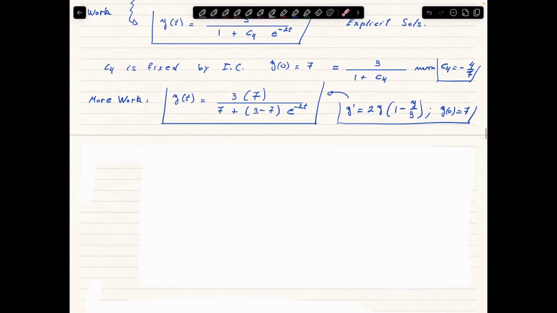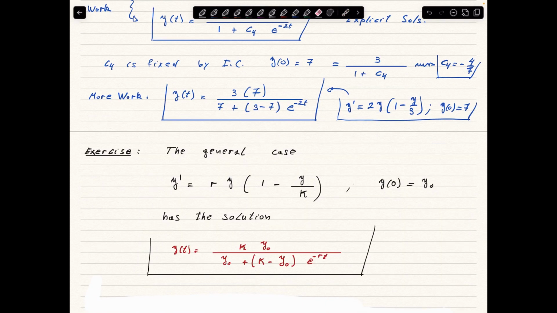So then it's not going to be a surprise to realize that when we repeat the same steps we did before, the problem that we wanted to solve ends here. It's an exercise for you to do, that in the general case, when we have r instead of 2, then we need to put r in the solution. When we have k instead of 3, we need to put k and k.